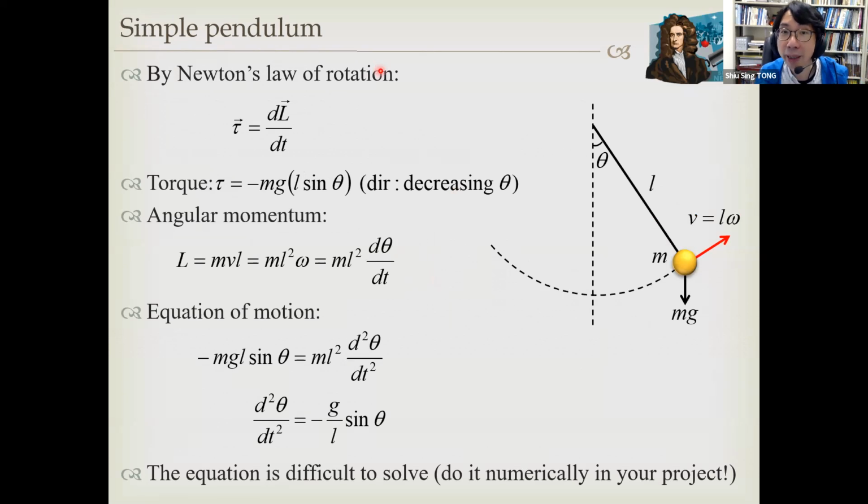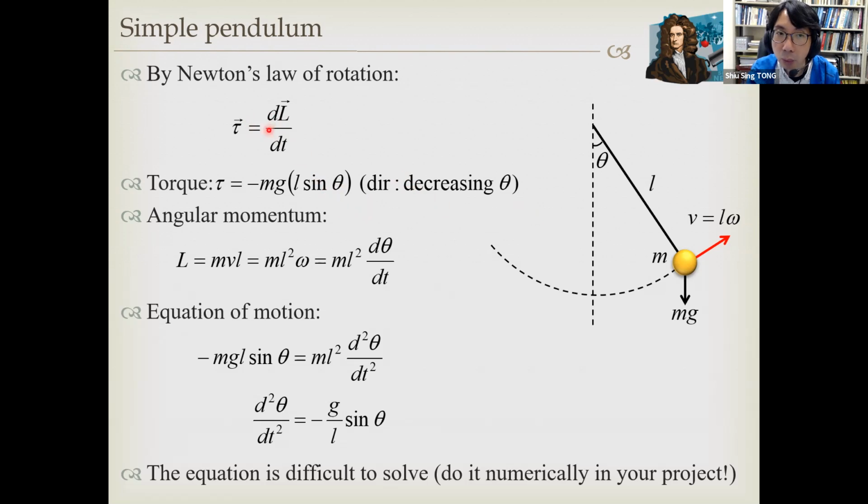Now this is a simple pendulum problem. We met in our first problem set, right? In the problem set, we are told to use dimensional analysis to find the period of a simple pendulum when it has a small amplitude. Now we are going to derive it more rigorously because we know the equation for simple harmonic motion.